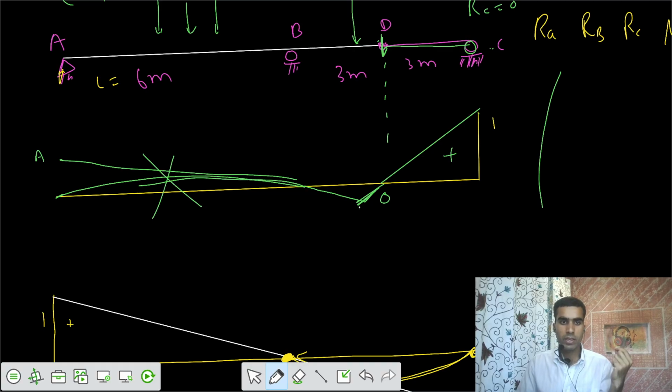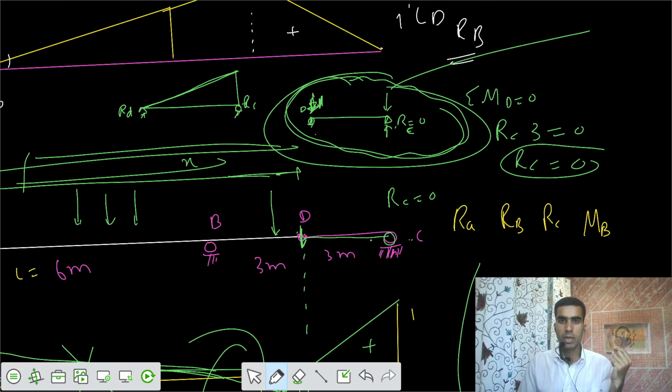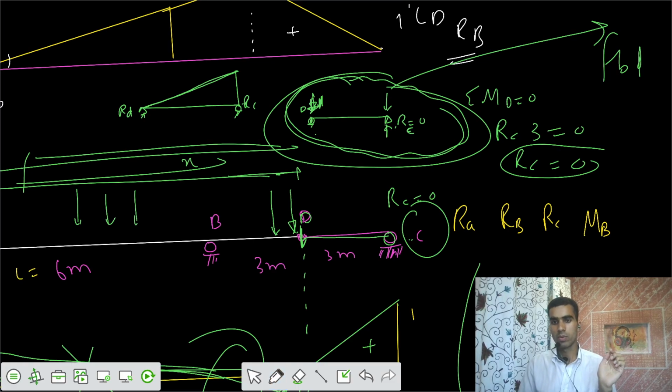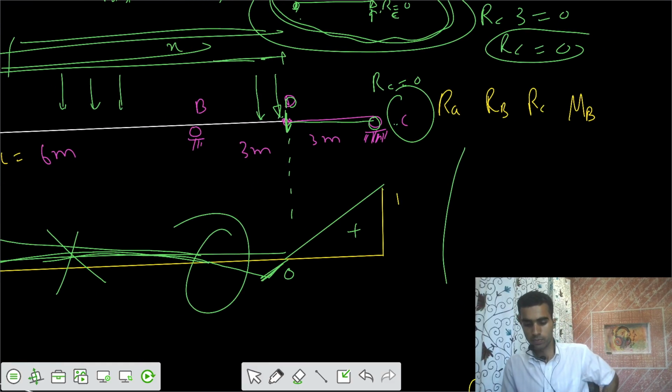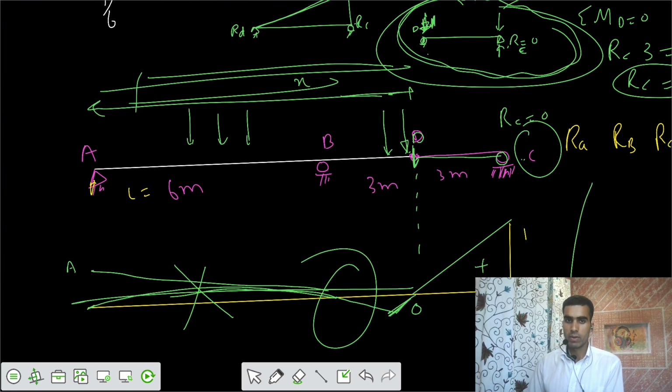So if there is the curvature, that means ILD would be 0 in this part. And we have already shown by the free body diagram that once the load is just to the left of D, your reaction at C is 0. Okay. So this was a critical problem here. This was a critical one.